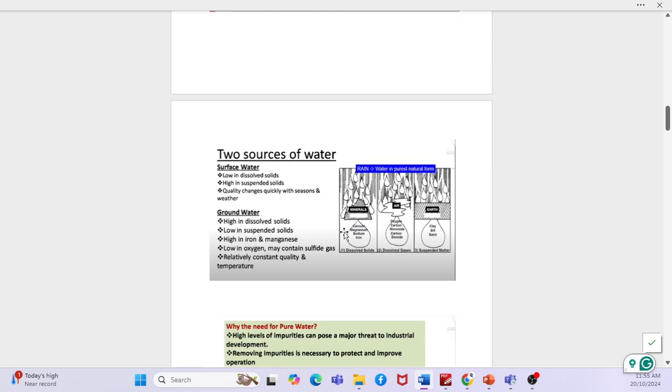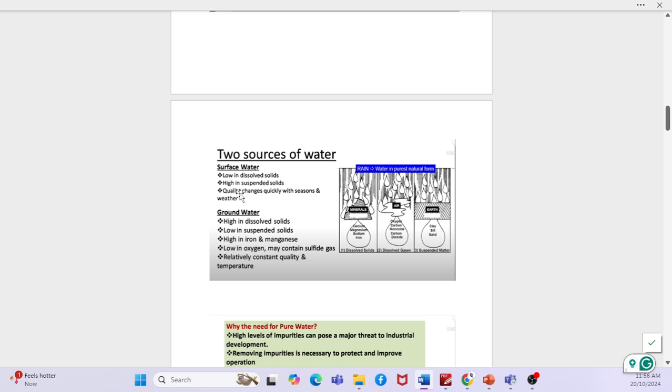Normally there are two sources of water. One is the surface water, which comes from the rain, from above the ground, or from a river or lake. The other is groundwater, which is below the ground. The surface source water will be low in dissolved solids and high in suspended solids, and the quality changes quickly with seasons and weather.